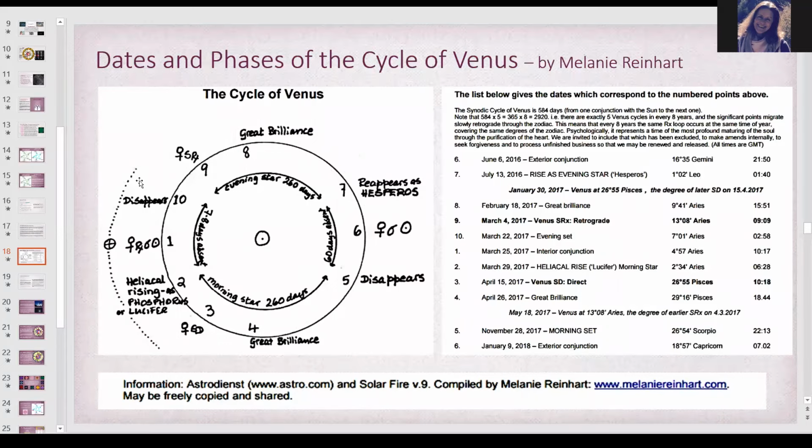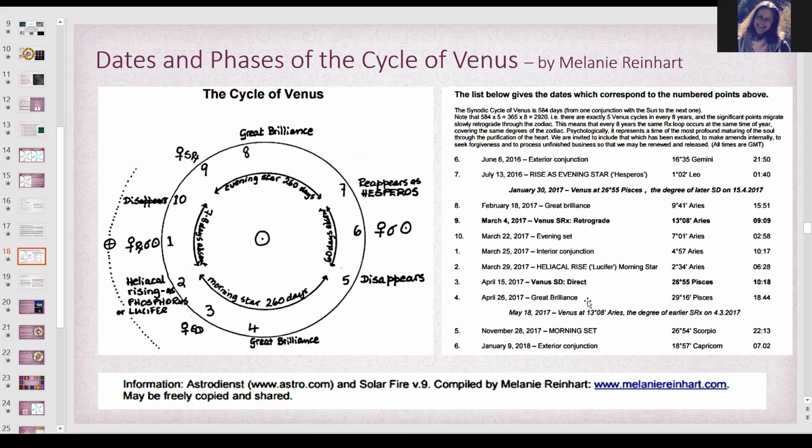Number 10 is the evening set, and over to number 1. On March 25th is the interior conjunction between Venus and the Sun. On March 29th is the heliacal rise, Lucifer morning star. On April the 15th, Venus stations direct.